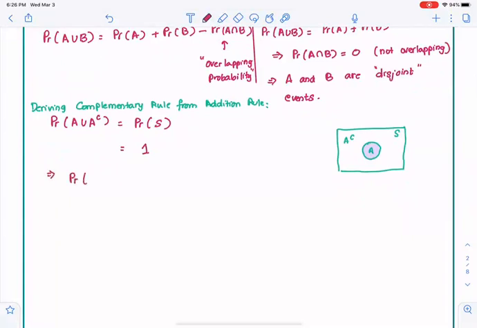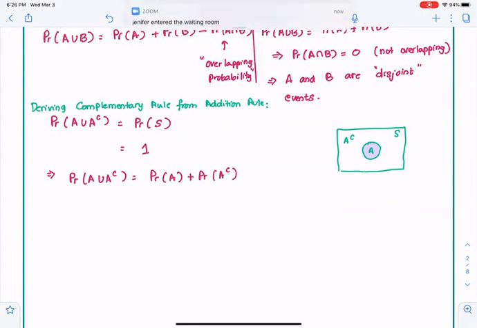Now, if we use the addition rule, probability of A union A complement, that would be the probability of A, the first event, plus the probability of A complement, the second event, minus the probability of A intersect A complement. So if I say that an element is in the shaded part, I can't say that it is in the unshaded part.